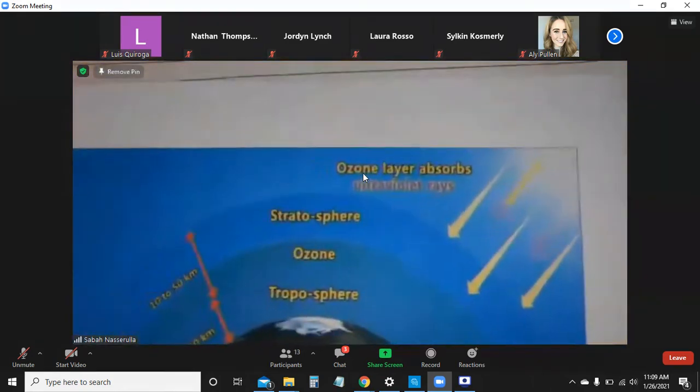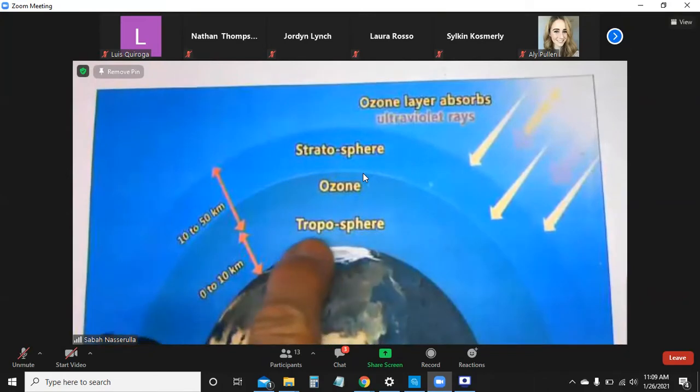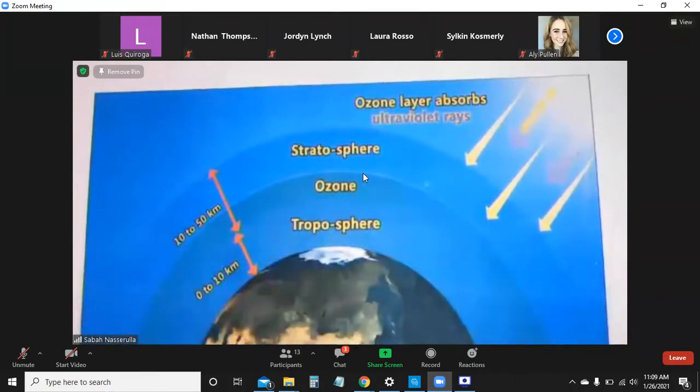And now I'm going to talk first about the first layer, which, as you can see here, is known as the troposphere, and we'll see the extent of each one.